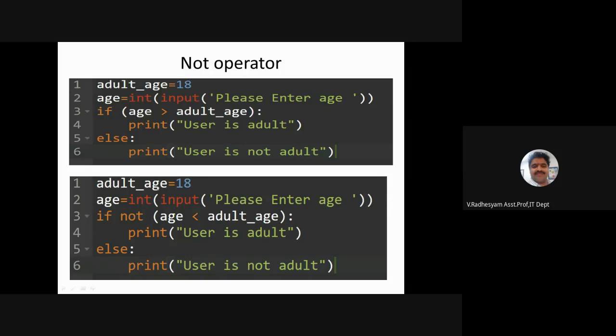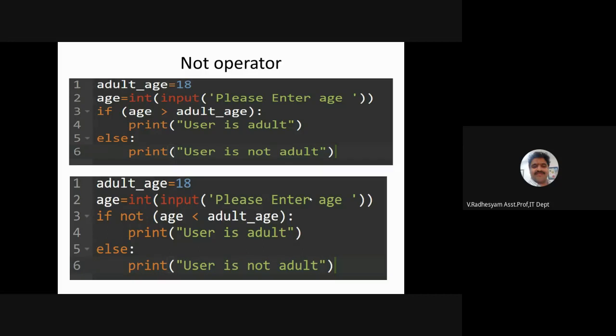Adult age is 18 again, age is equal to int input, and I have entered 15. Then age will be 15. User is not adult. Yes, here you can remember NOT like this: it is a negation in discrete mathematics.